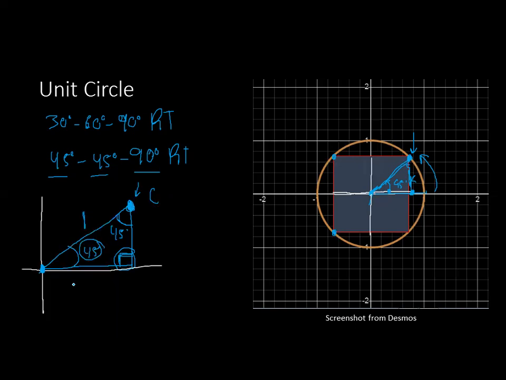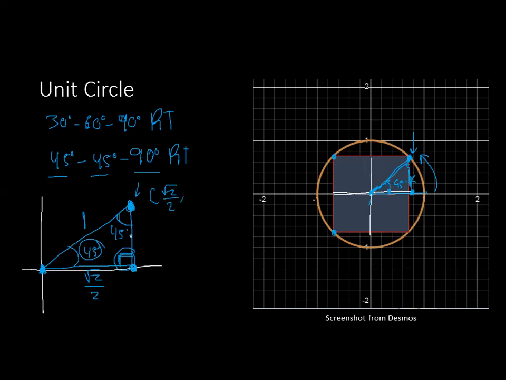Here we can use the legs of the right triangle. From here going there, this is square root of 2 all over 2, right? So horizontally, you move square root of 2 all over 2 units away from the center going to the right. That is your x.